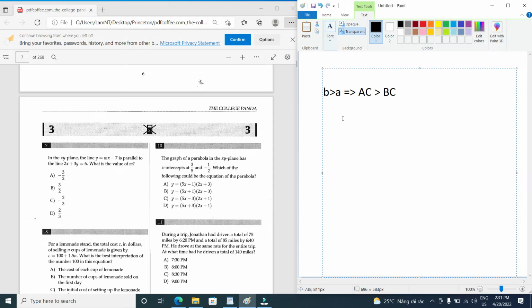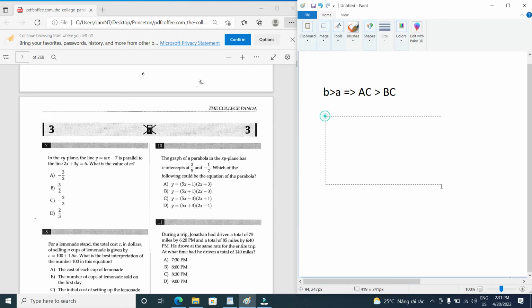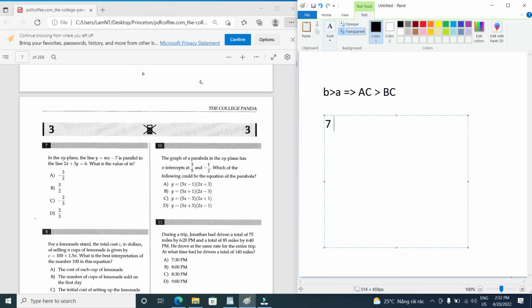Okay, for number 7. We have a line equation, y equal to mx minus 7. And we have the second line, 2x plus 3y equal to 6.